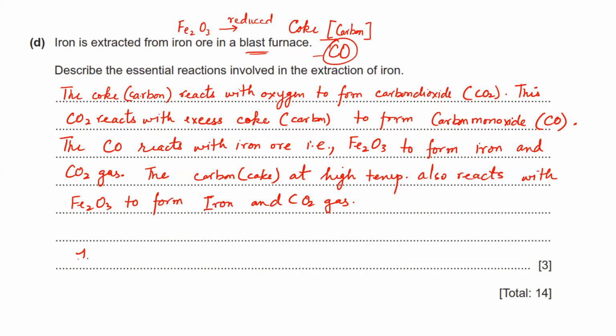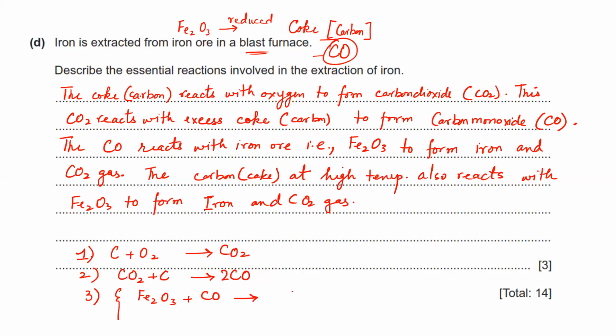So if I have to write the reactions, number one reaction will be carbon plus oxygen gives carbon dioxide, then CO2 plus carbon to get carbon monoxide. Then reaction 3, you have Fe2O3 reacting with CO. This gives you Fe plus CO2.